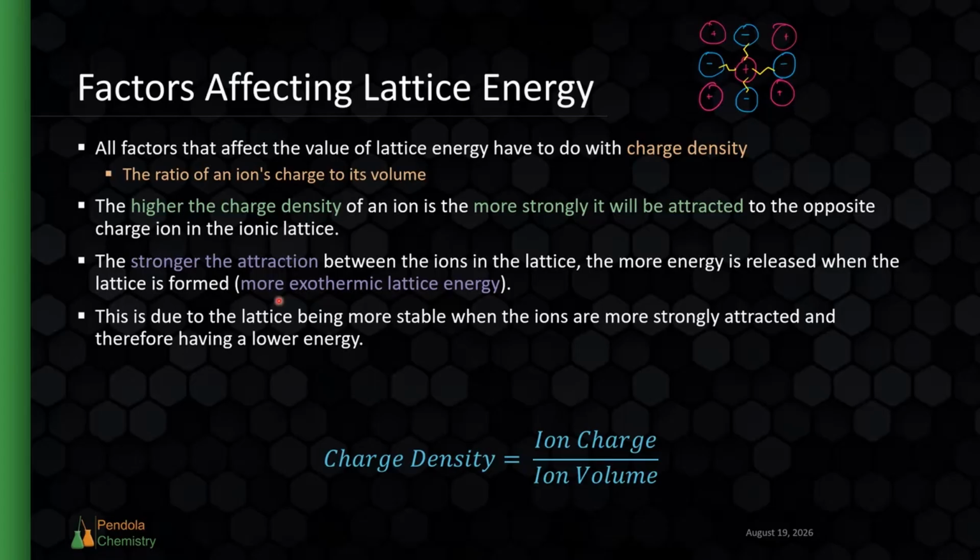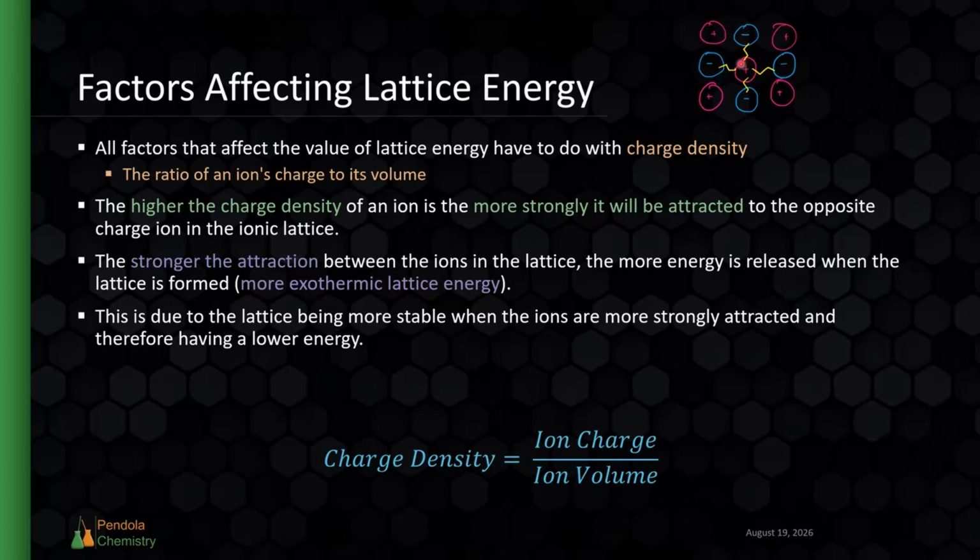The higher the charge density of an ion, the more strongly it can attract the opposite ion. So charge density essentially is directly related to the magnetic attraction between the negative anion and the positive cation. Why? The higher the charge density of an ion, the stronger the attraction gets.